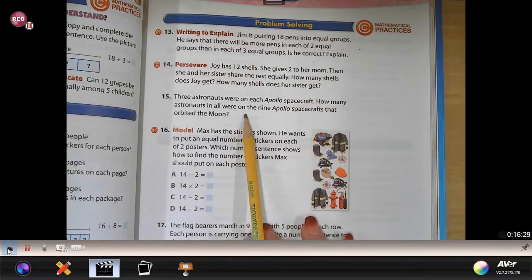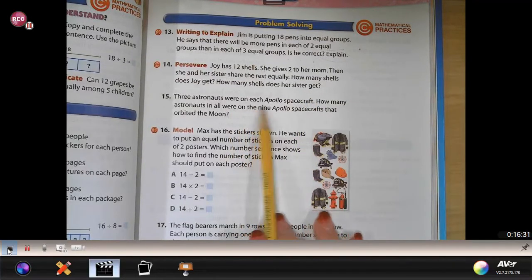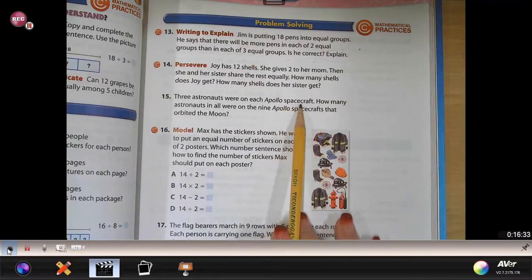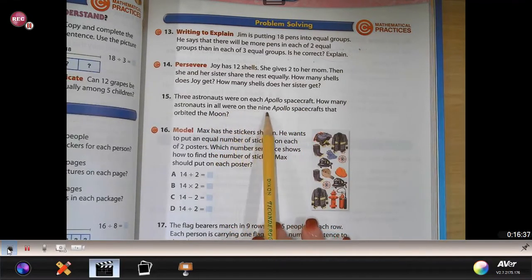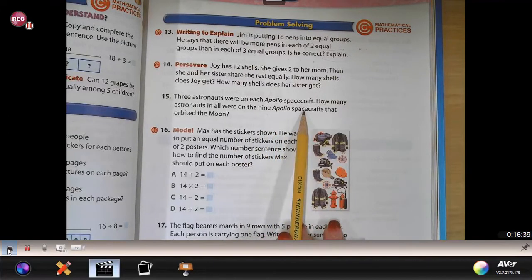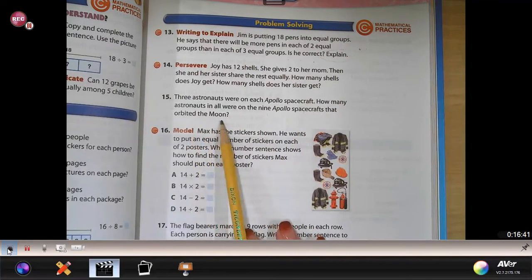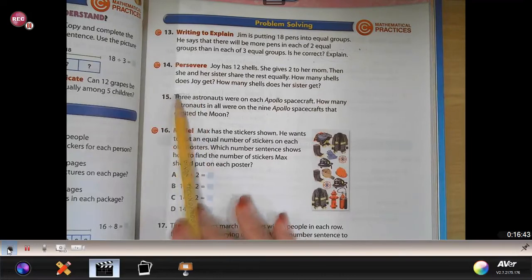And number 15, the astronauts were on each Apollo spacecraft. How many astronauts in all were on the 9 Apollo spacecrafts that orbited the moon? So notice it says 3 astronauts here.